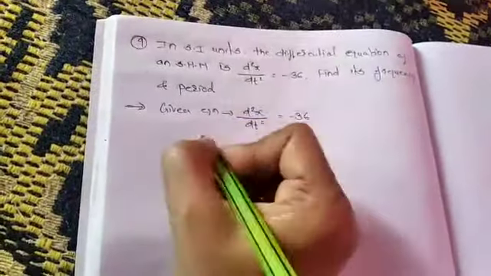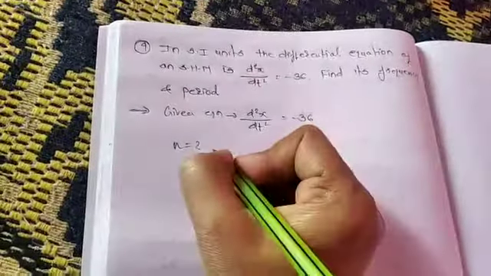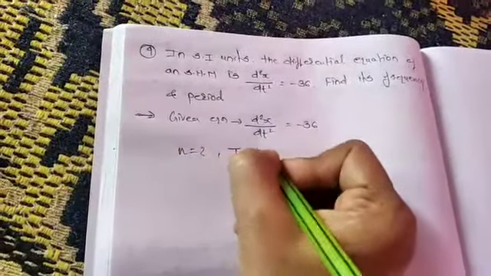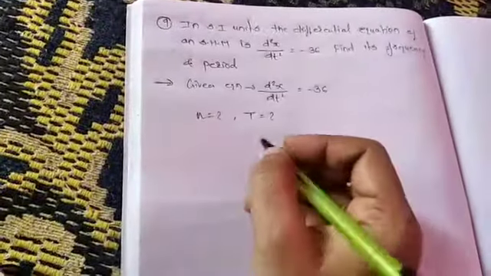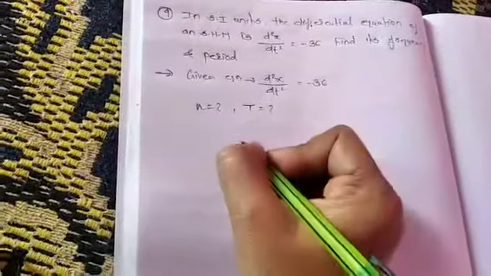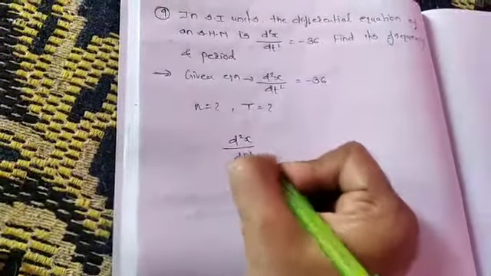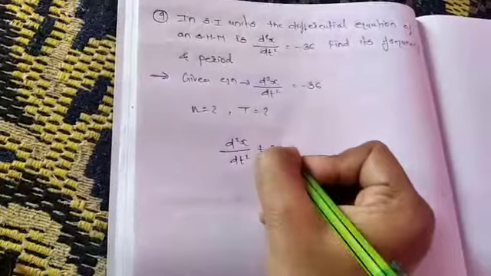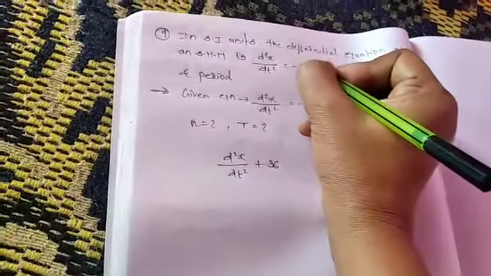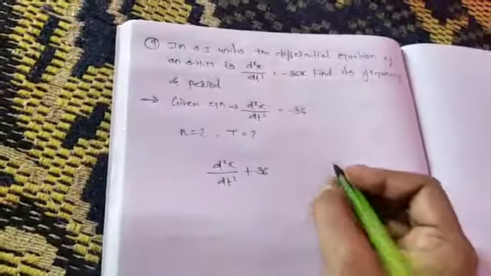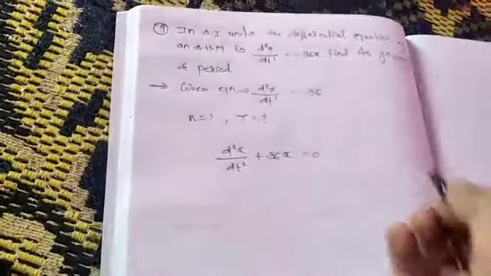And what you have to find is the frequency and period T. So we can write this equation as d square x upon dt square plus 36x is equal to 0.